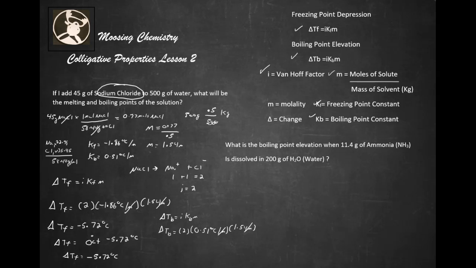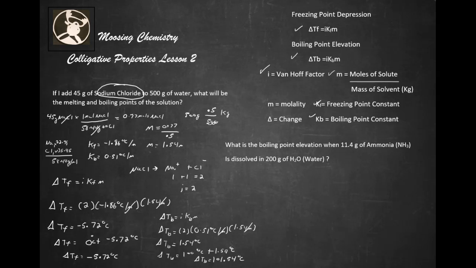All right, now our new delta TB is going to be 1.54 degrees C. So if we want to know what the elevation is, you take the boiling point of water, which is 100 degrees C, plus 1.54 degrees C. Our new boiling point is going to be 101.54 degrees C. That was a lot of work to do that problem, but that's it.